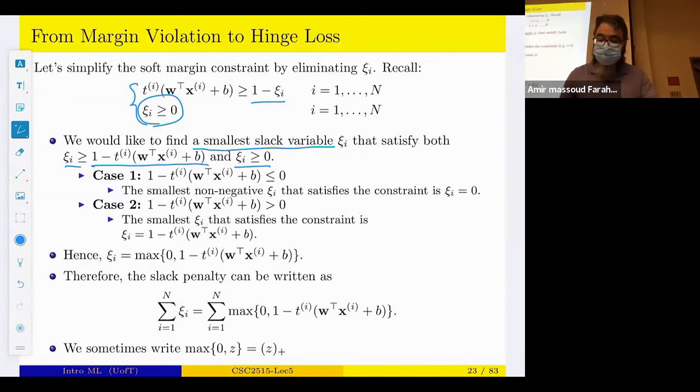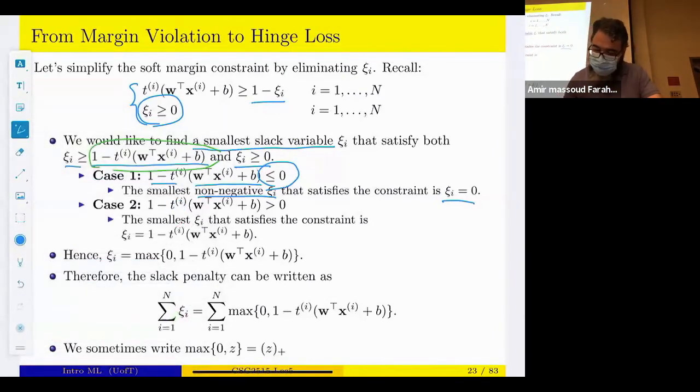Now the question is how should I choose Ci? What's the form of Ci? One case is that if 1 minus Ti times W transpose X plus B is smaller than 0, then the smallest non-negative Ci that satisfies the constraint is Ci equal to 0. You can convince yourself that's the case, because that side is negative, so the smallest value of Ci I can choose is 0.